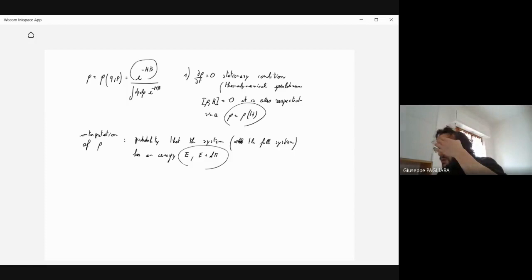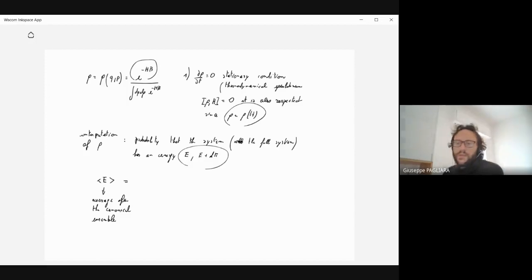Now, it's very trivial at this point to define the average energy of our system, where the average is over the canonical ensemble, and I remind you the ensemble is basically a collection of systems which are mental copies of our system, and they just have different microstates, but which are anyway compatible with the macrostate.